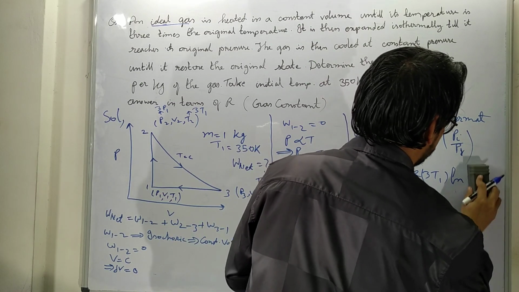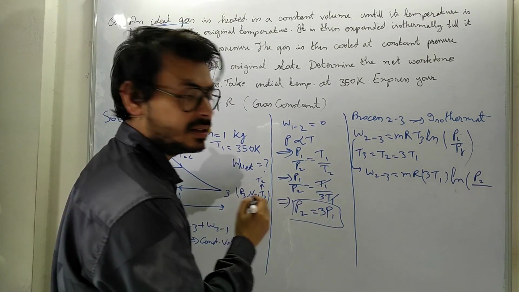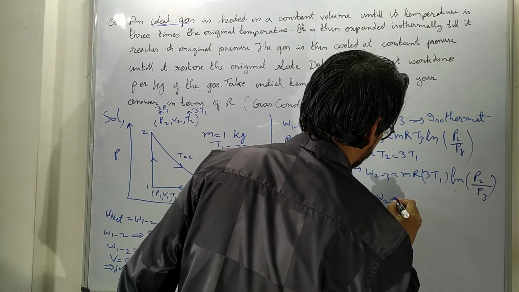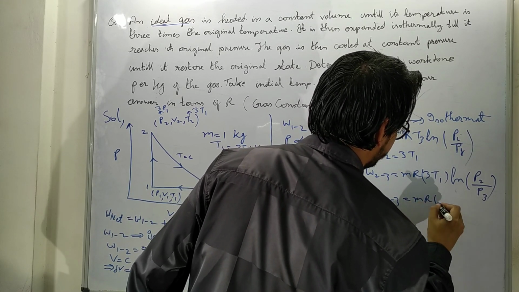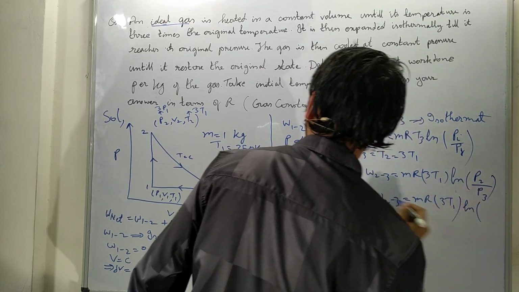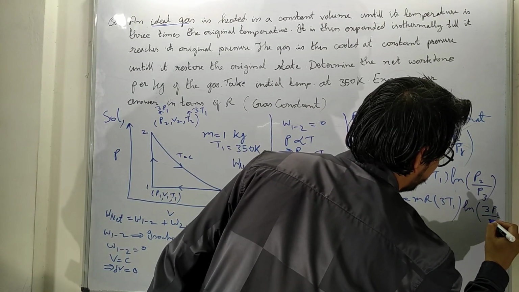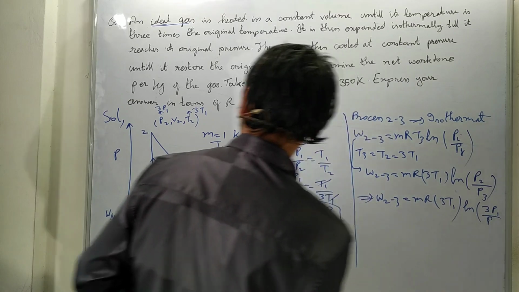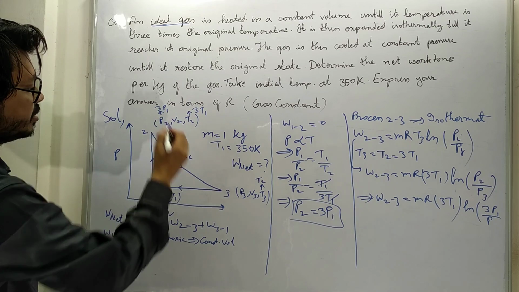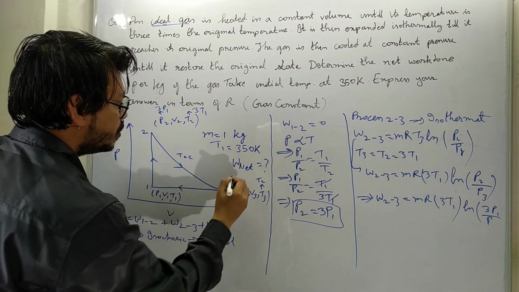So we get W23 as mR 3 T1 into ln of 3 P1 by P3. Since the process is then cooled at constant pressure, process 3 to 1 is a constant pressure process. So P3 is equal to P1.